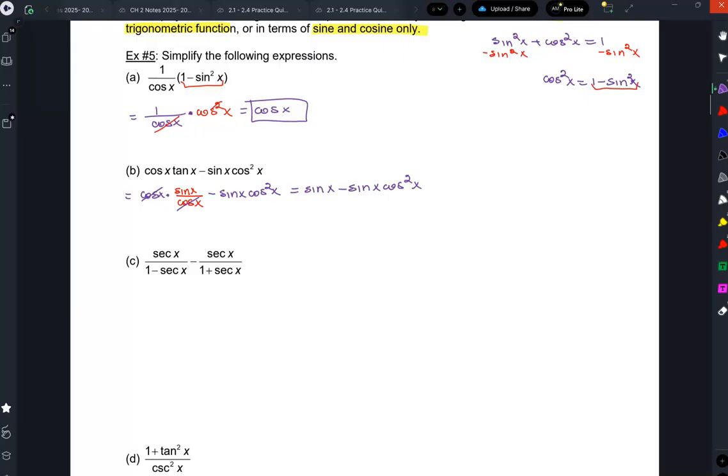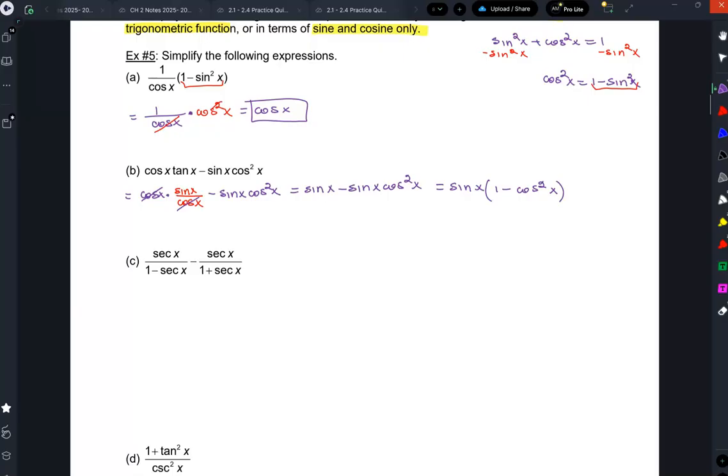Okay, how many terms does that have? 2 terms. What's common in both of them? Sine x. So what if I factor out a sine x? When I do that, what do I have from this first term? 1 minus cosine squared x. Okay? That's it.